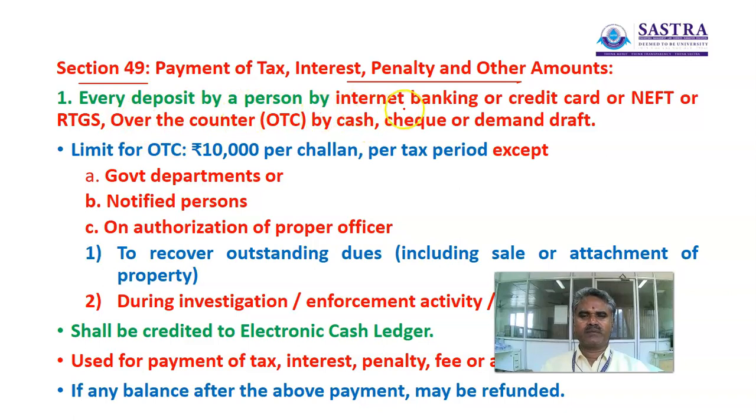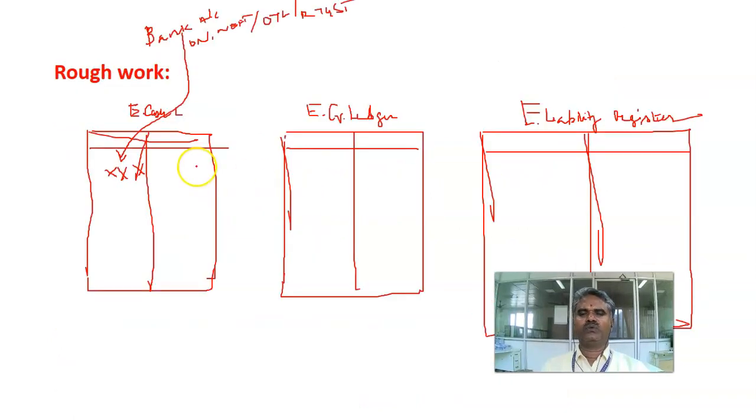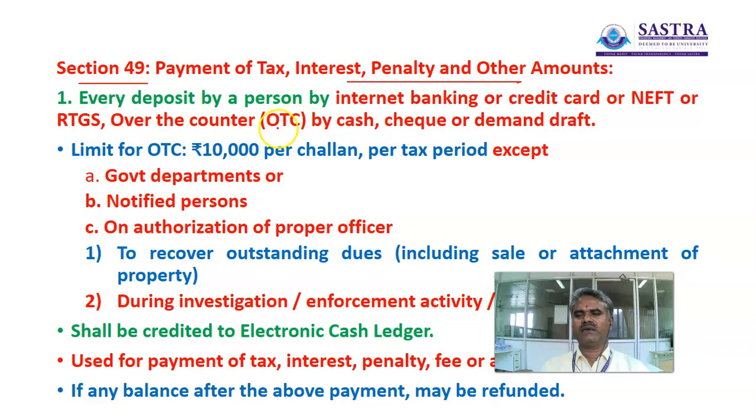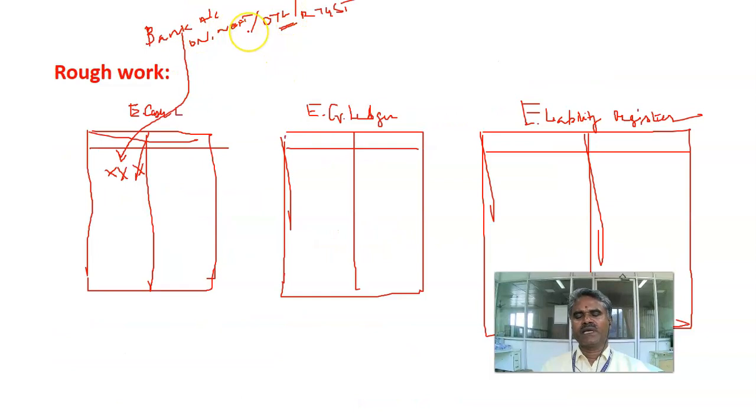Every deposit by a person through internet banking, credit card, NEFT, cheque or demand draft has no limit, but for OTC, the limit is 10,000 per challan per tax period. Others, no problem. You can transfer whatever you need, everything transferred from your bank account to this ledger.